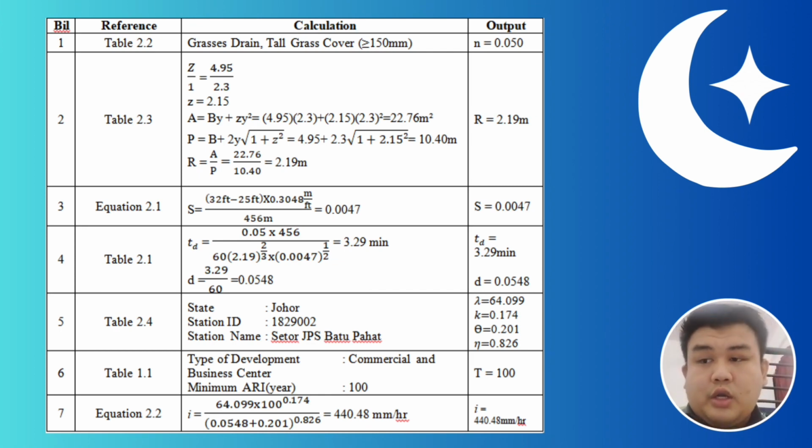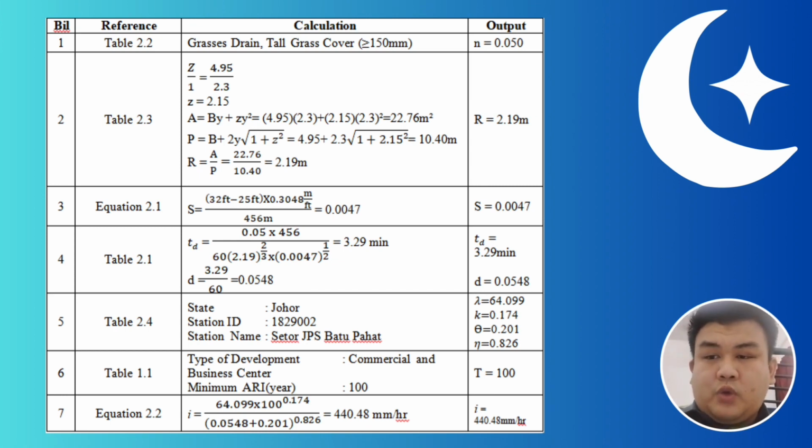So for number 6, we find it in table 1.1, the design storm ARI. We chose about 100 years, so the T is 100.